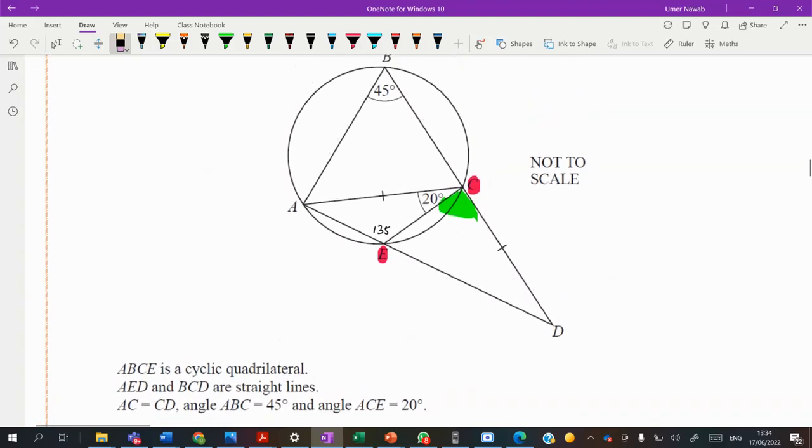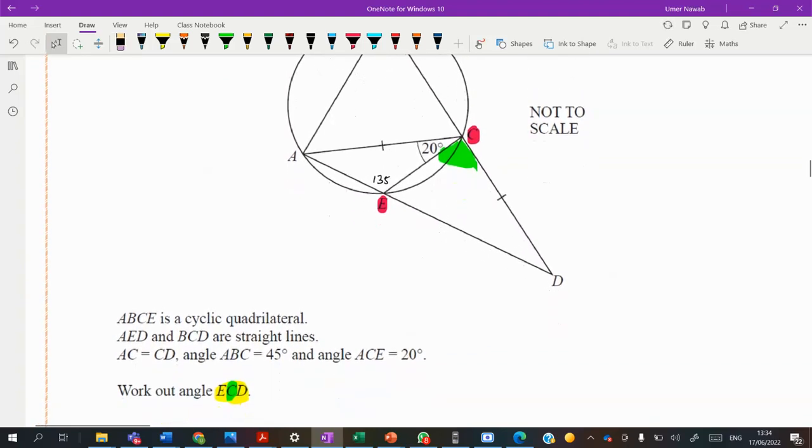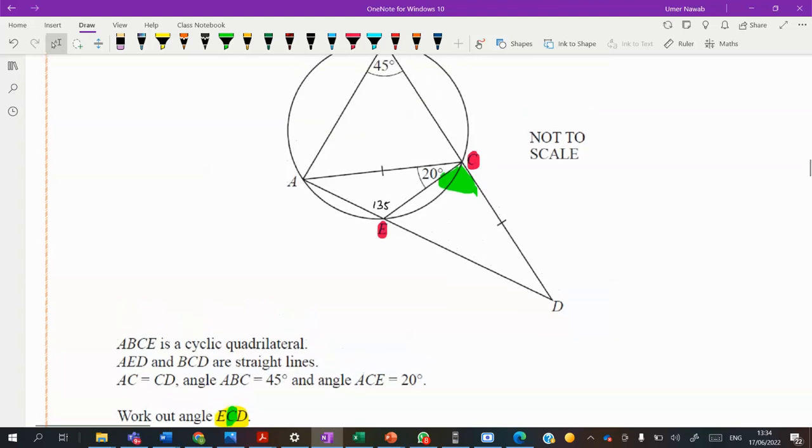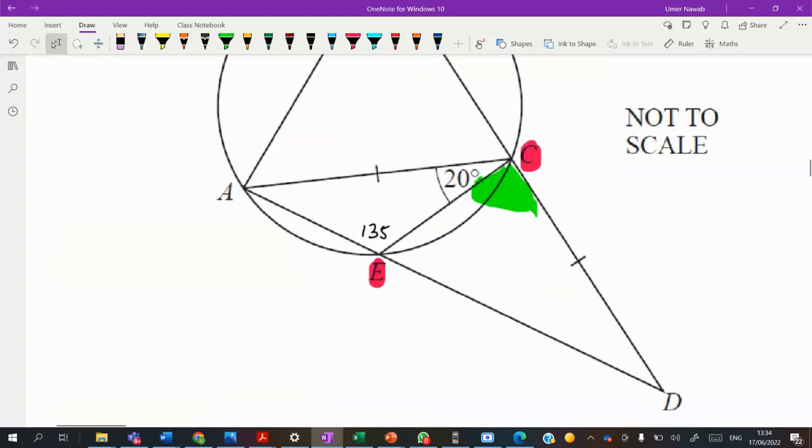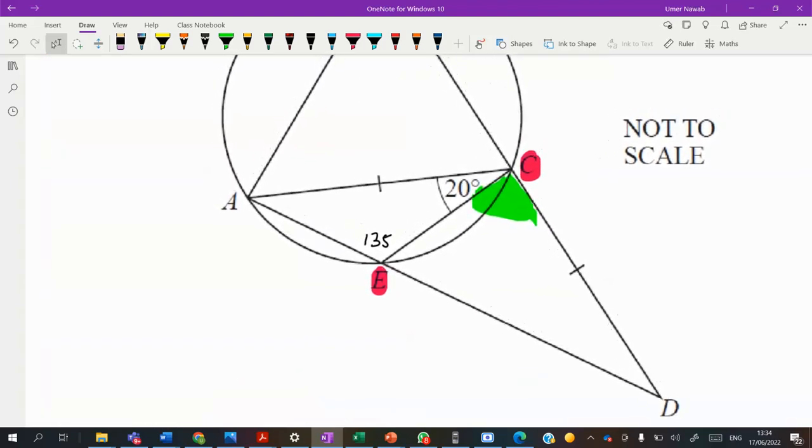So ABCE is a cyclic quadrilateral. I wrote it. And then he said AC and CD are equal. AC and CD are equal. So it means this angle must be the same as this angle by using the property of isosceles triangle.